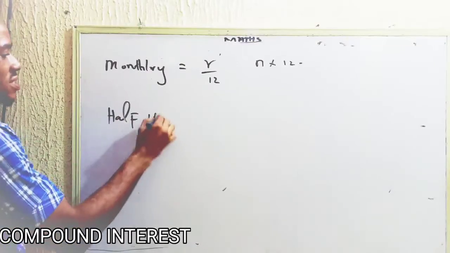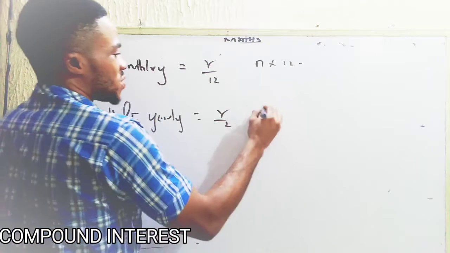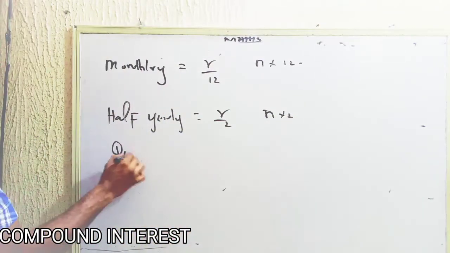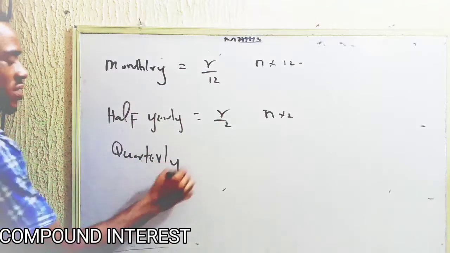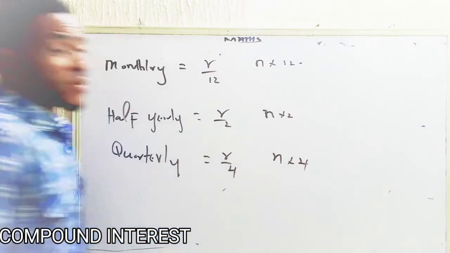If it is done half yearly, divide the rate by 2, then multiply the time by 2. If you hear the word quarterly, divide the rate by 4, then multiply the time by 4.